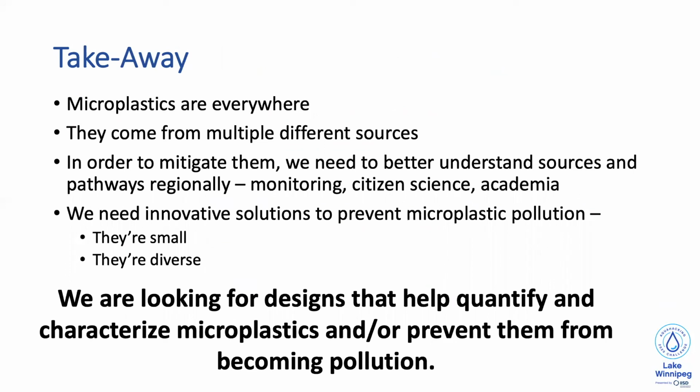Third, in order to mitigate them, we need to understand these sources and pathways regionally, including by monitoring citizen science and academia, which means we also need innovative solutions to be able to quantify them and extract them from samples. And then finally, we need innovative solutions to prevent the microplastic pollution at the source or via cleanup, noting that the difficulty is that they're small and they're diverse.